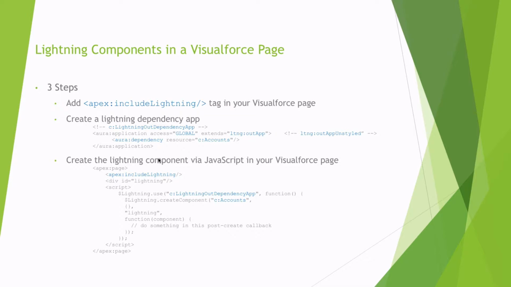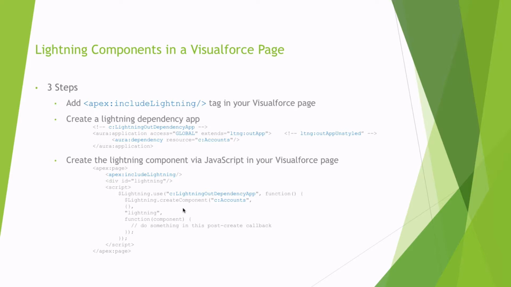Okay, and then the third step involved in displaying Lightning components in a Visualforce page would be to use JavaScript and the $Lightning.use method to create the actual component. Okay. Can you throw in multiple such components onto your Visualforce page?